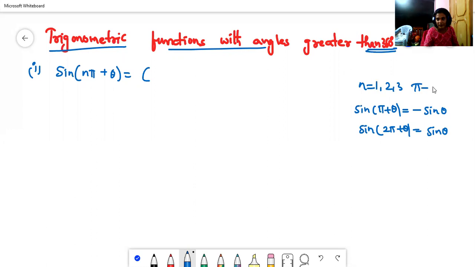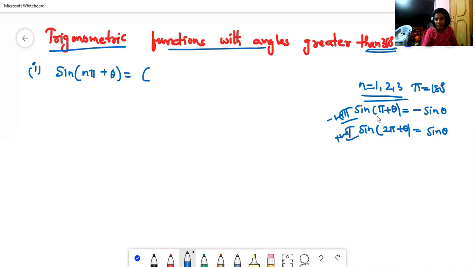So pi means 180 degrees, 2 pi means 2 into 180, 360 degrees. 3 pi means again 360 plus 180. Here, when we substitute n equal to 1, 2, 3, 4, it goes to either the first quadrant or the third quadrant. In the first quadrant it is positive, in the third quadrant it is negative.